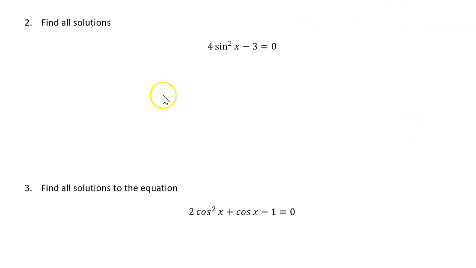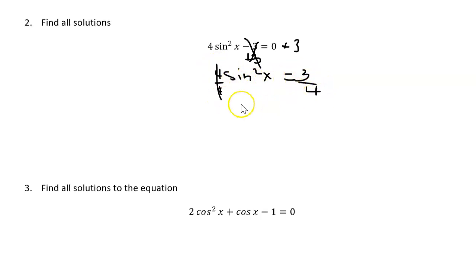Next example. Because we have the minus 3, we're going to add 3 to both sides. 4 sine squared x equals 3. Divide both sides by 4. And then square root both sides of the equation.